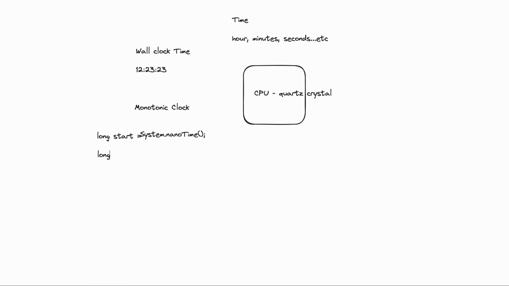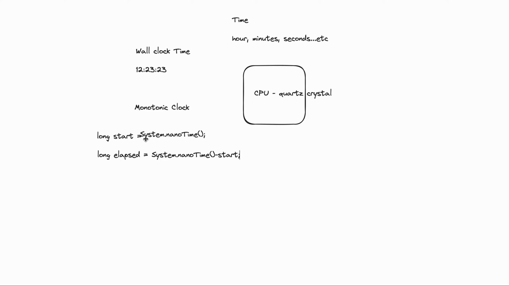If you look at this, we have a nano time, and we are calculating how much time a particular task has taken. We can use this monotonic clock.